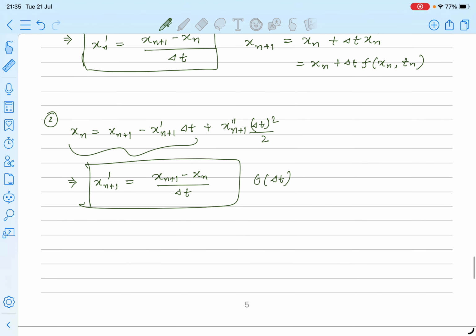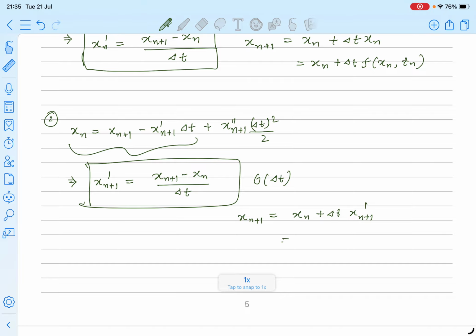And you can write x_{n+1} as x_n plus delta t x'_{n+1}. So this is basically x_n plus delta t f(x_{n+1}, t_{n+1}).